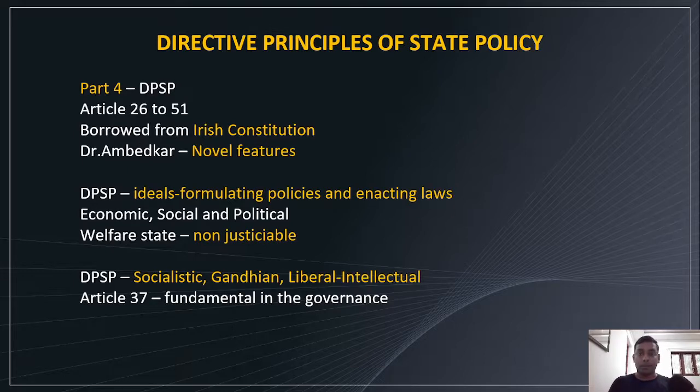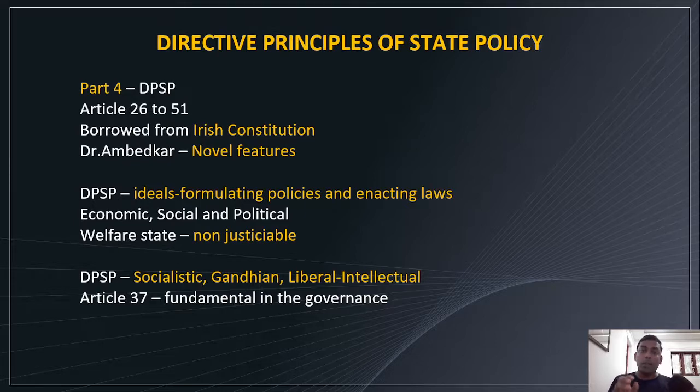Then about Gandhian, organizing village panchayats, promoting cottage industries, prohibition of alcohol are some of the Gandhian principles. These are included in the DPSP. And of course, liberal intellectual, like implementing a uniform civil code, protection of wildlife are some of the examples in liberal intellectual.